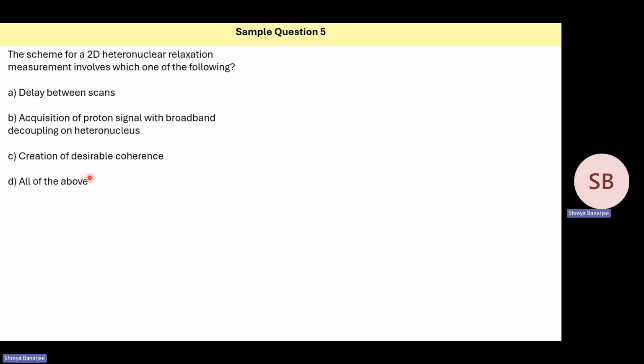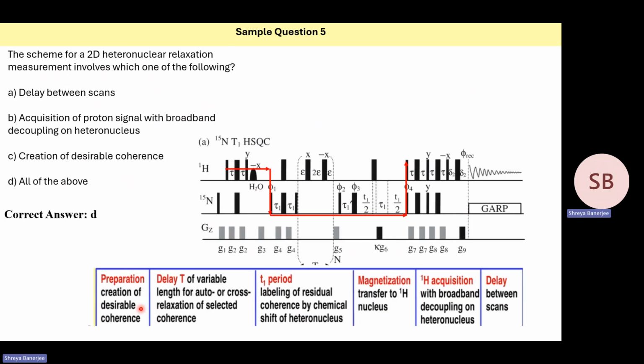Then the question is asking, the scheme for a 2D heteronuclear relaxation measurement involves which of the following? So if you remember the scheme for the 2D experiment, it starts with a preparation time where you create the desirable initial coherence.